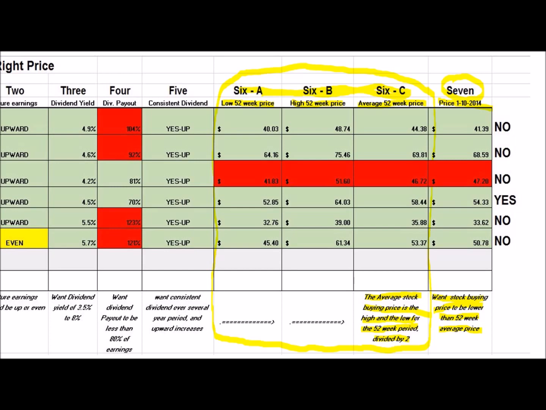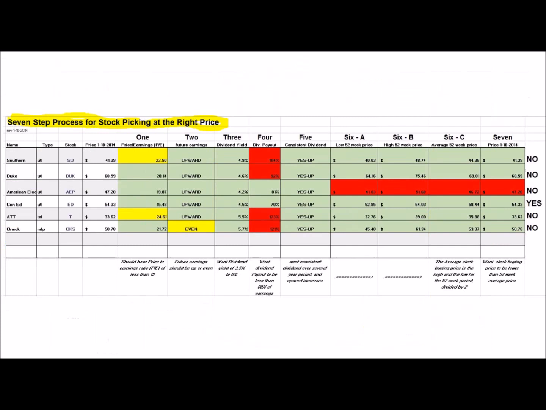So now you look at your whole setup and look at Con Ed and see that it was green across the board, although it might have been a little yellow on the future earnings, but it still was in an upward trend, barely. It is green across the board, and so yes, you are interested in that particular stock.